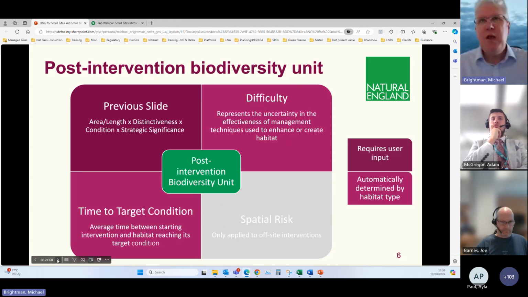For the post-intervention calculation, we bring forward those baseline factors, and then we have some risk factors and multipliers for difficulty to enhance and create particular habitat types, and the temporal risk or time to target condition of those habitat types. And then for off-site interventions, we have the spatial risk multiplier, which involves the distance from any loss of habitat and its compensation.